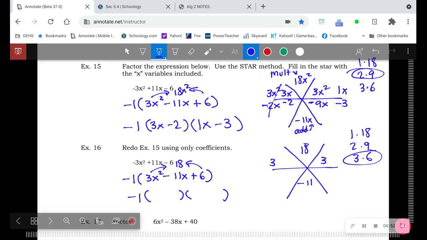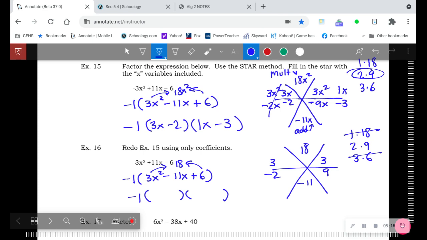And if you switch the signs, make one positive and one negative, you'll either get 3 or negative 3. But what you don't get is what we're after. You don't get 11. These could add up to 19 or negative 19, and with opposite signs, 17 or negative 17. Still doesn't work. So we're down to the 2 and the 9.